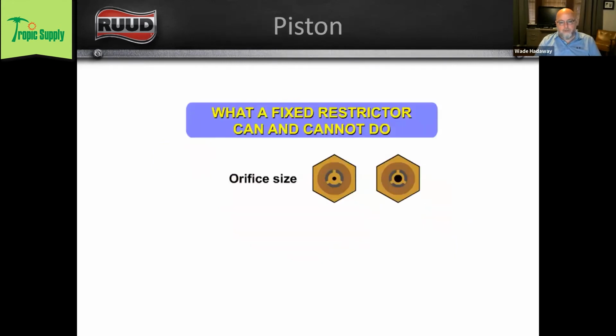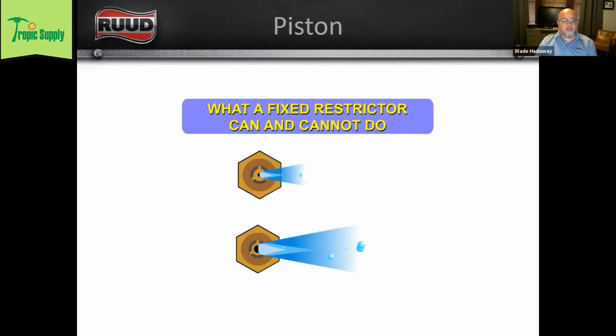In this graphic, we call it a fixed restrictor. That's based on the size of the orifice in that piston, or the size of the hole that's drilled through that piston. And as you can see, the only way to change the amount of refrigerant being metered through that metering device is to change the piston with a larger hole in it. So you get what you get.